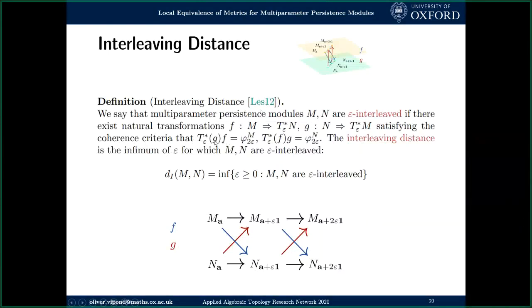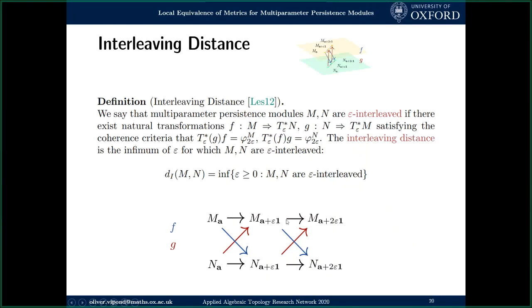So the idea is completely analogous to the one parameter setting, where we're looking for morphisms between M and the shifted version of N, and between N and the shifted version of M, such that if you go from M to N and back again, it's as if you stayed in M. And similarly, if you go from N to M and back again, it was as if you stayed in N. So these interleavings are trying to knit together two modules, and the smaller that you have to translate your module when you knit them together, the closer together these two modules are.